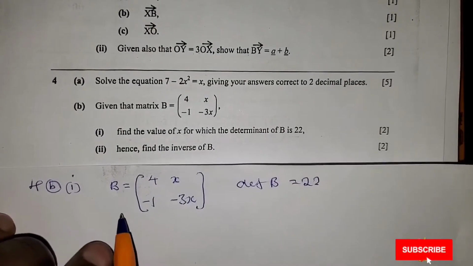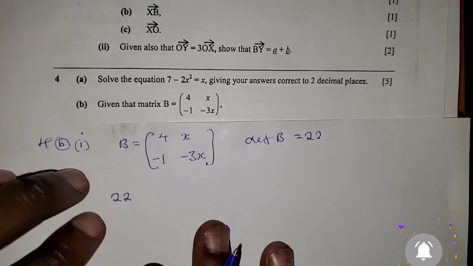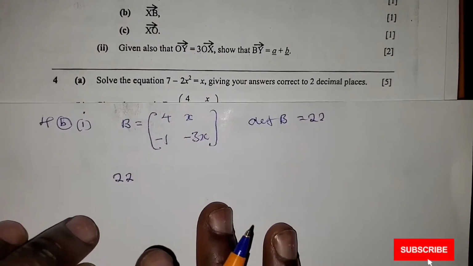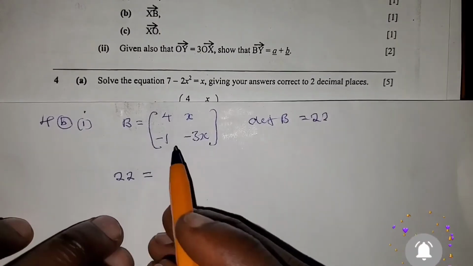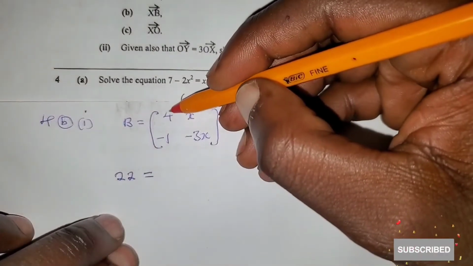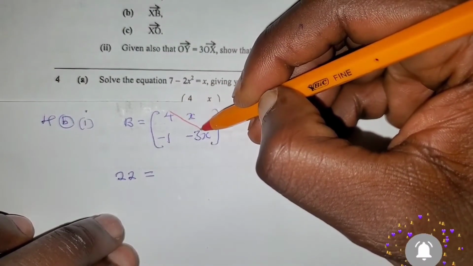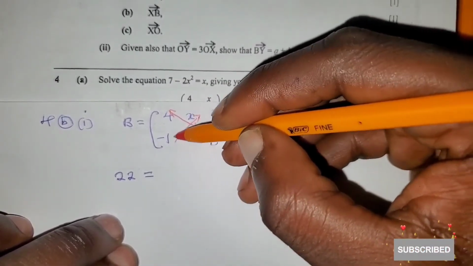So where you're supposed to write determinant, you substitute with 22. And it's going to be 22 is equal to, this is the major diagonal. Let me write with it. This is the major diagonal, and this is the minor diagonal.